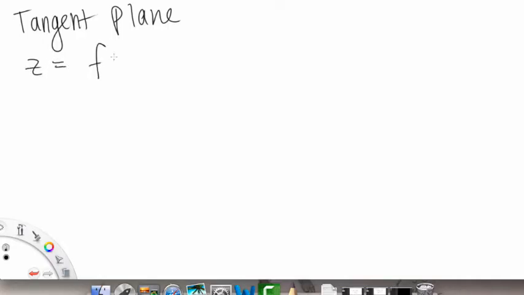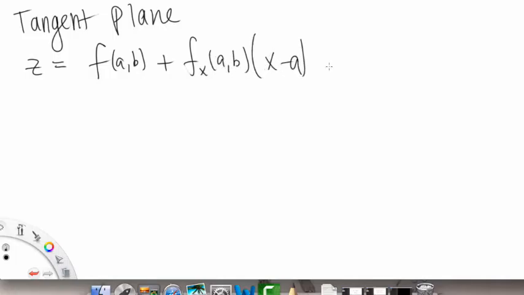So the tangent plane being horizontal, let's see what that means. Here's a tangent plane, and its equation is given by the linear approximation: z equals f(a,b) plus f sub x at (a,b) times (x minus a) plus f sub y at (a,b) times (y minus b).